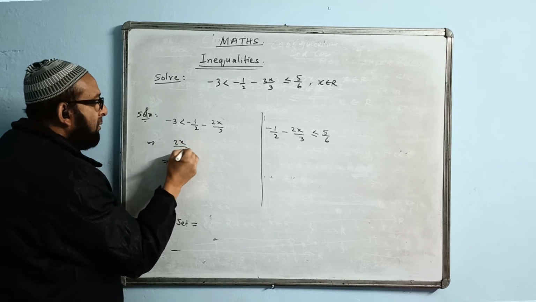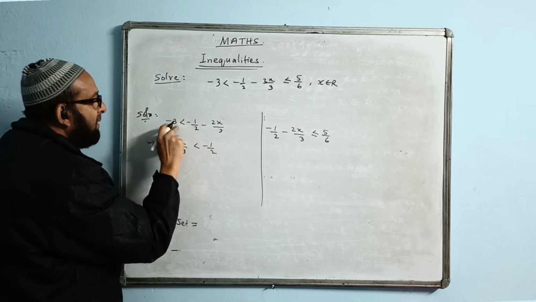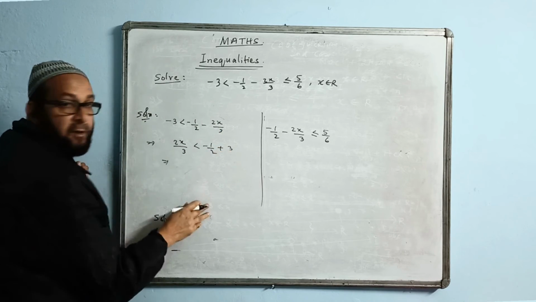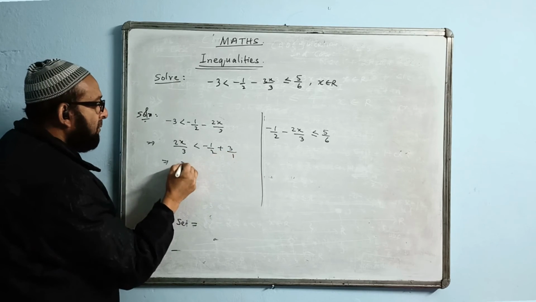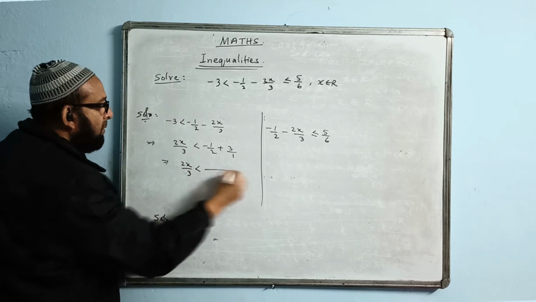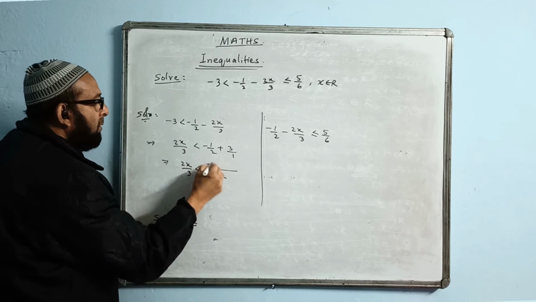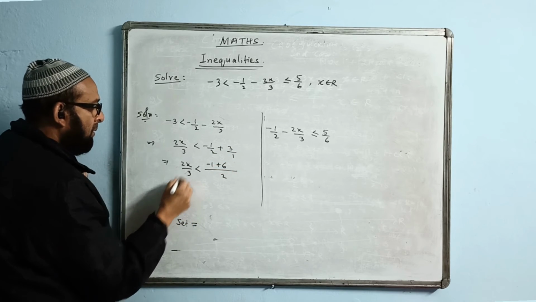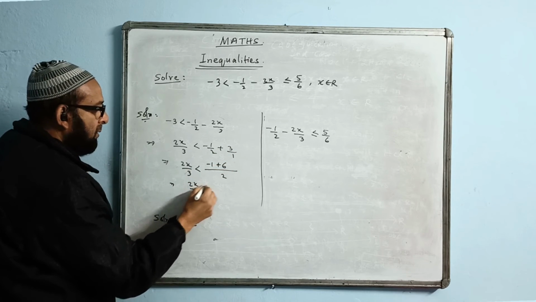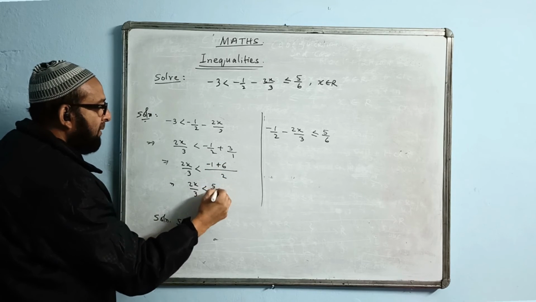First, 2x by 3, minus half, minus 3, you are taking this side, becomes plus 3. Now below this you have what? Take LCM. You get 2x by 3. LCM is 2. Minus 1 plus 2 3s are 6. 2x by 3, 6 minus 1 becomes 5 by 2.